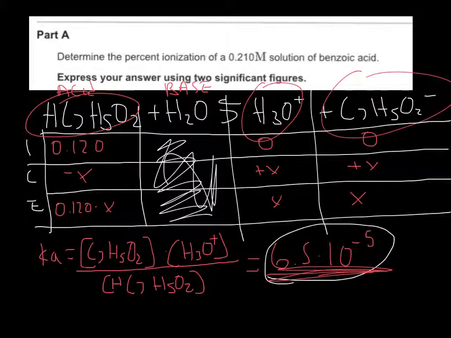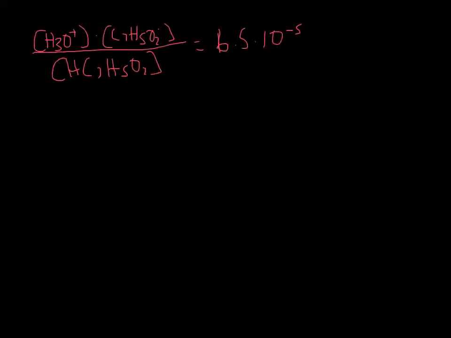Alright, so we'll go to the next page to solve this. I copied over the constant expression for the acid. Now you just fill in what you know and what you don't know. We discovered that H3O plus was going to be x and C7H5O2 would be x as well.